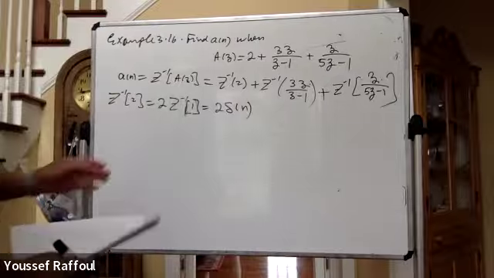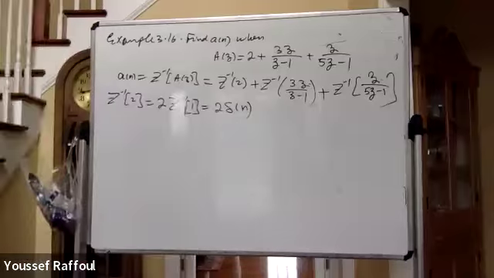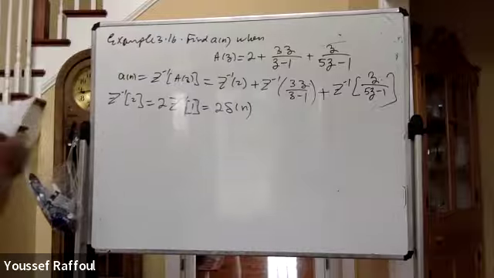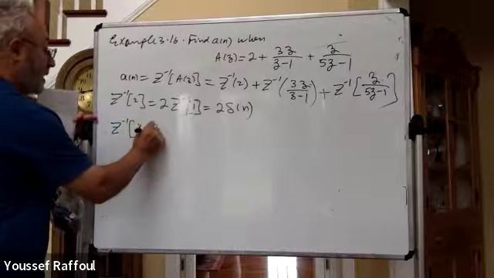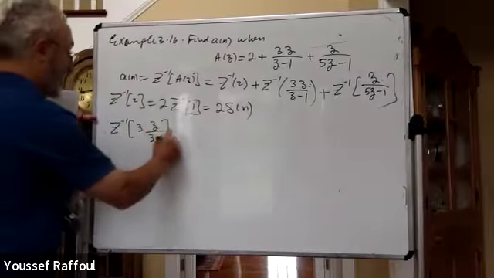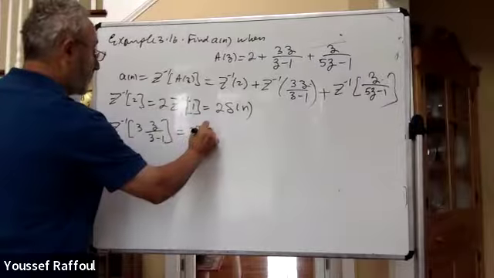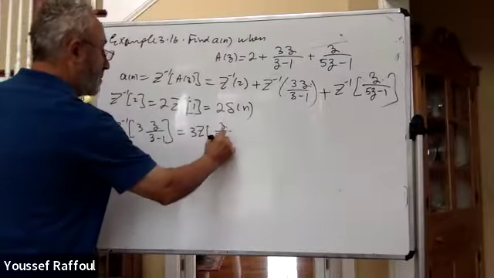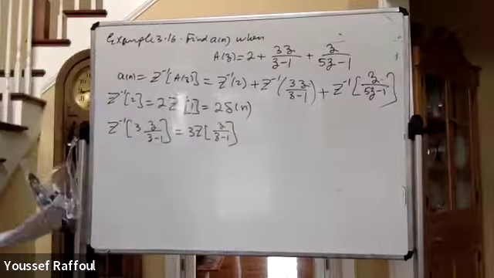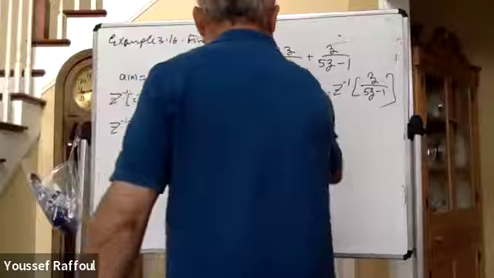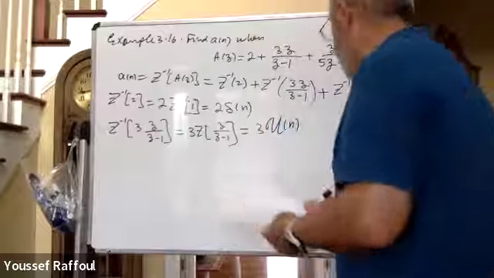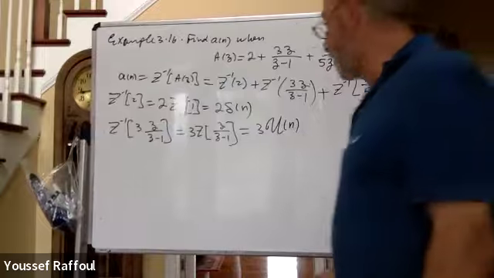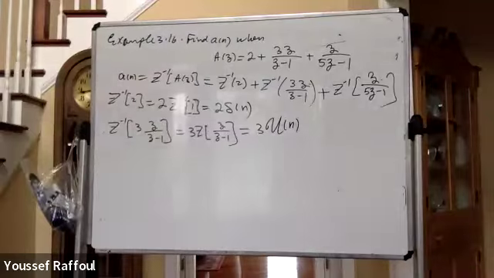We proved this one. The Z transform of delta n is 1. Now, the inverse Z transform of 3z over (z minus 1) is 3 times the inverse Z transform of z over (z minus 1). And then that is 3 u(n). That is the unit step function. Okay?